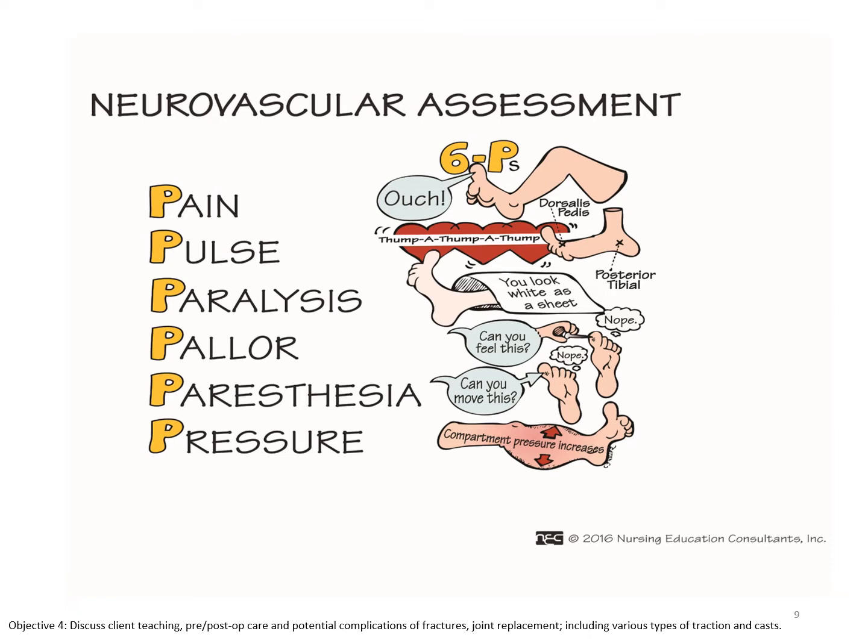Because if there is a change, whatever intervention we did could be making things worse. Perhaps we cut off the circulation to that, or perhaps compartment syndrome is developing. So it's very important that you assess, and you assess correctly, and you assess constantly.